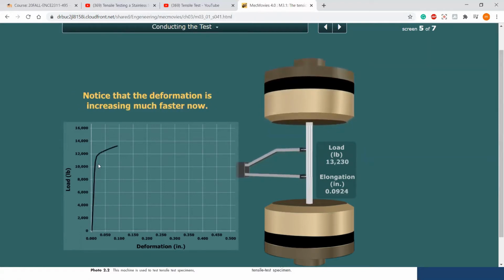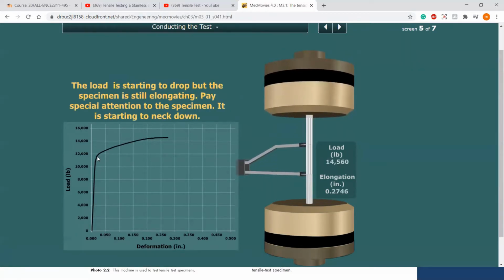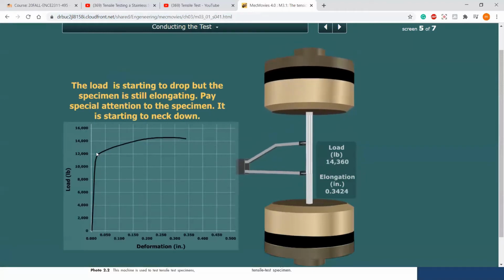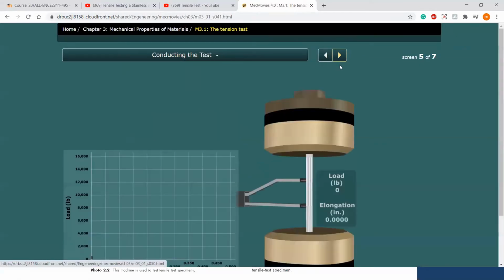And when you hit a certain point, which is called the yielding point, the plot starts curving. One more time.